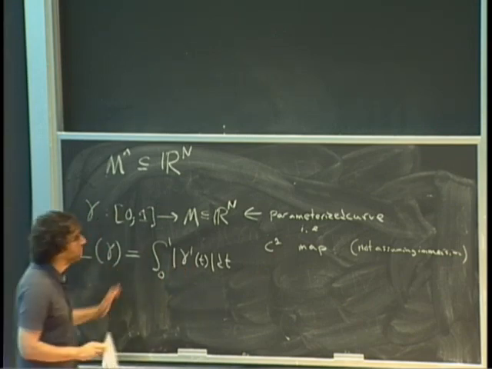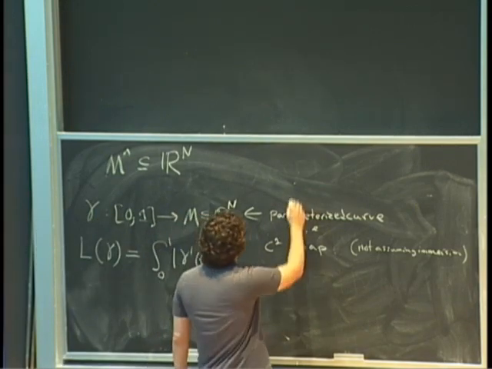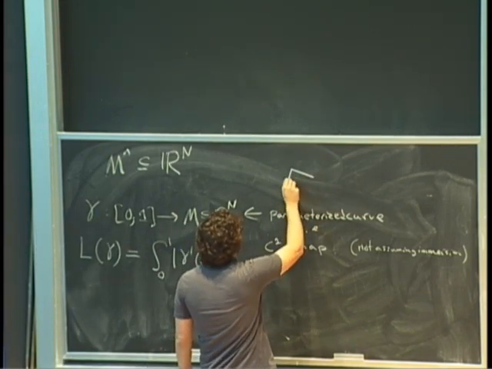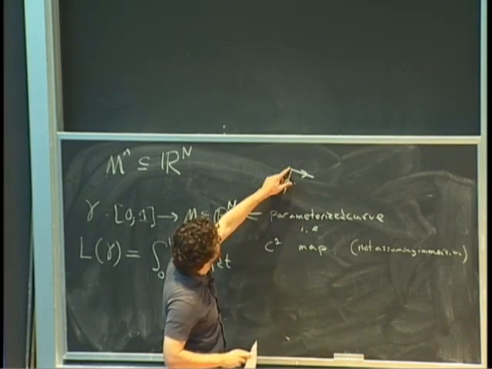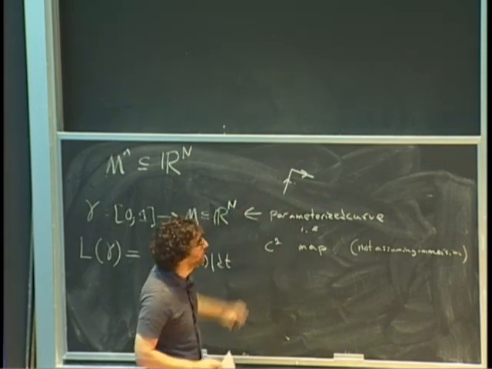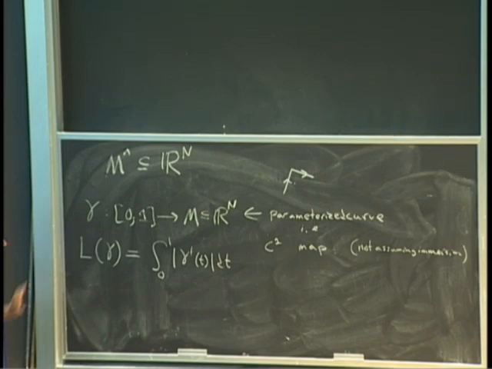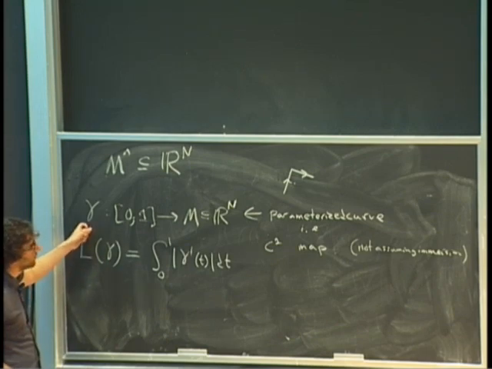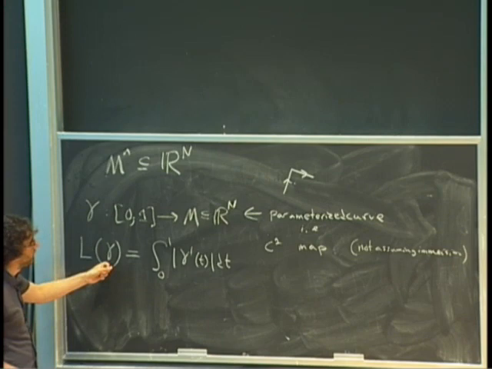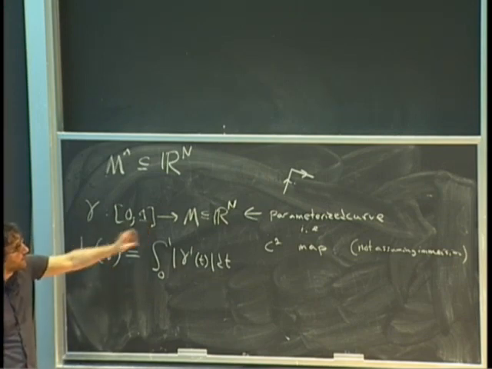It's possible to write a C^1 map that parametrizes this, it's just that at this point, the derivative becomes 0. So in any case, the length makes sense, and the observation is that the length is not really a functional of the parametrized curves. It's really a functional of the image.